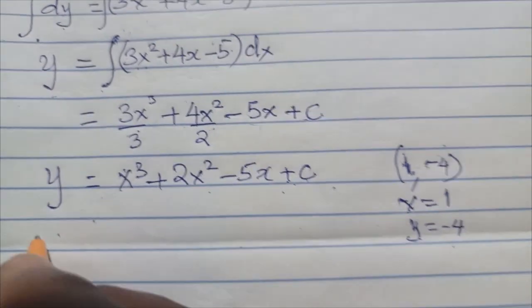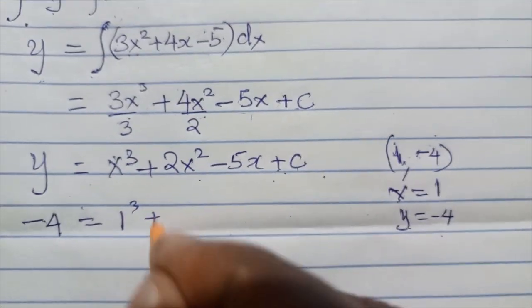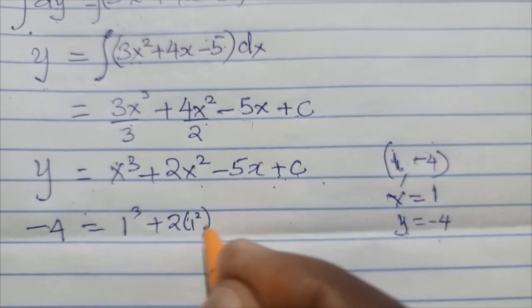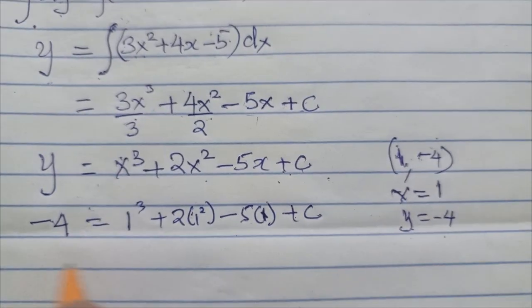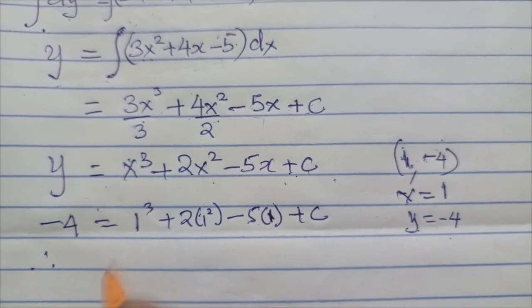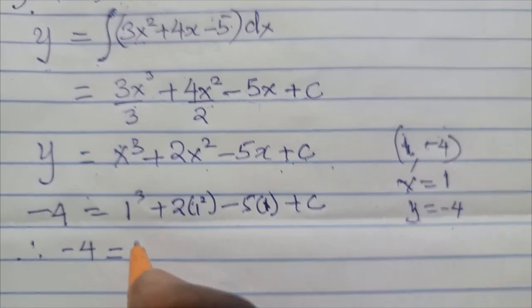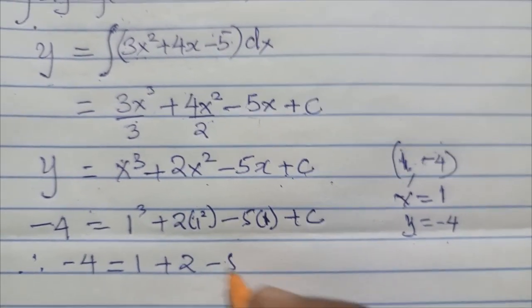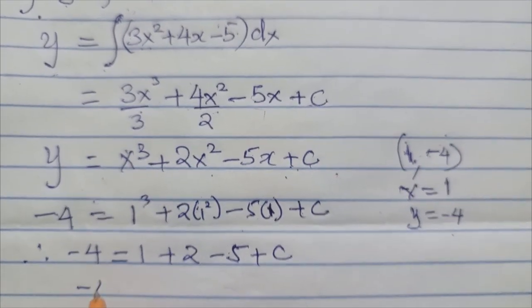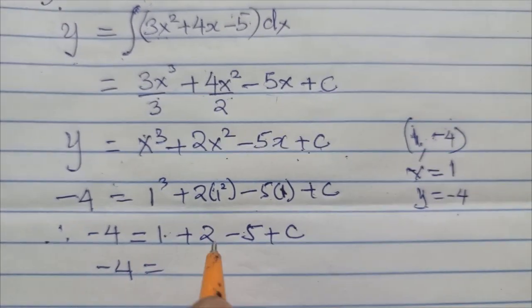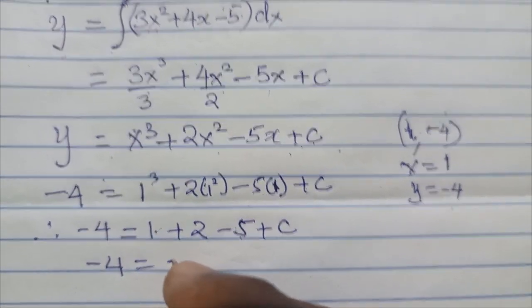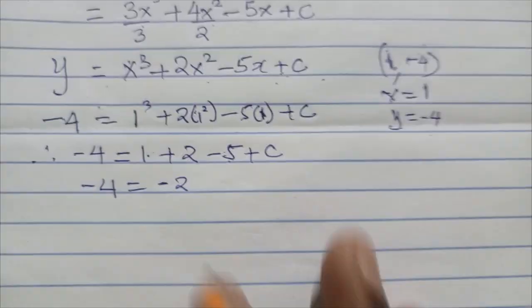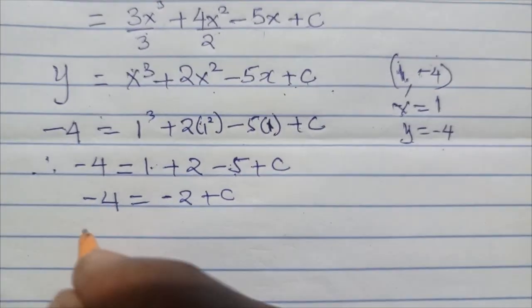So we have -4, when you substitute, will be equal to 1 cubed plus 2 times 1 squared minus 5 times 1 plus C. So you can see therefore our -4 will be equal to 1 plus 2 minus 5 plus C. So from here, -4 is equal to, this is 3 minus 5, which is -2, plus C. So what does that tell us?